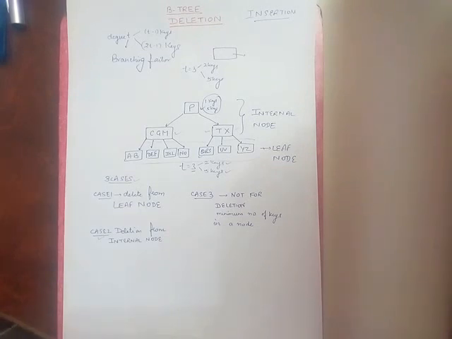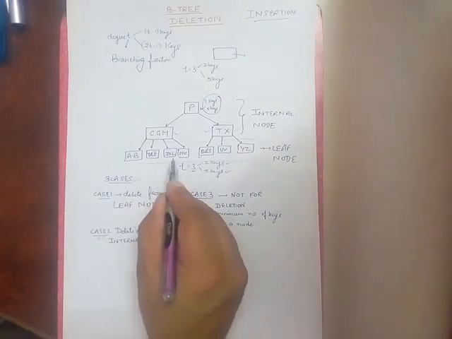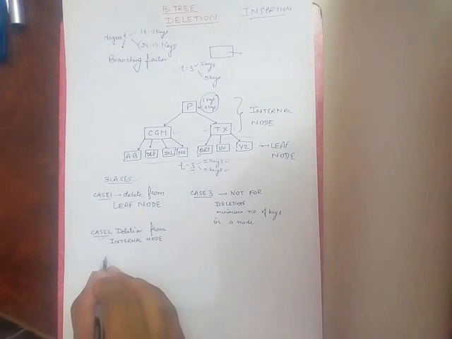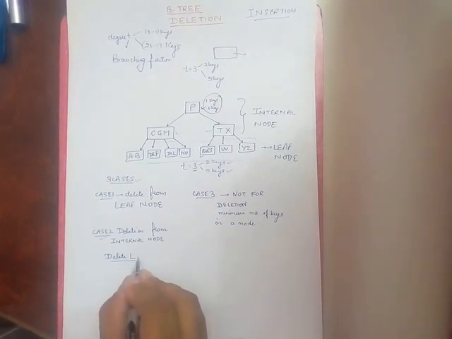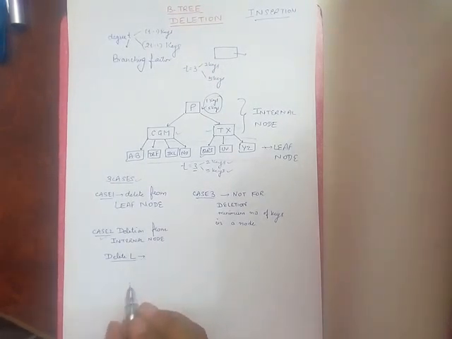For example, in this figure, if I have to delete key L from the above figure, then how does the procedure work?